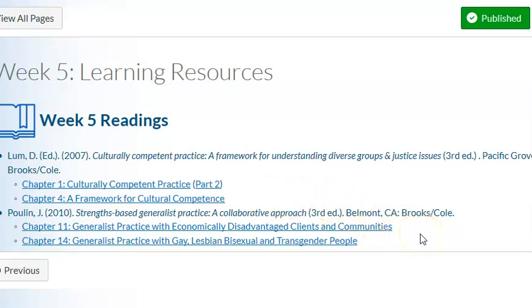Chapter 11 and Chapter 14 in the John Poulin Strengths-Based Generalist Practice, a Collaborative Approach book, ask us to look at Chapter 11, which is around economically disadvantaged clients and communities, which is authored by Steve Kaufman, and Chapter 14, Generalist Practice with GLBT people.